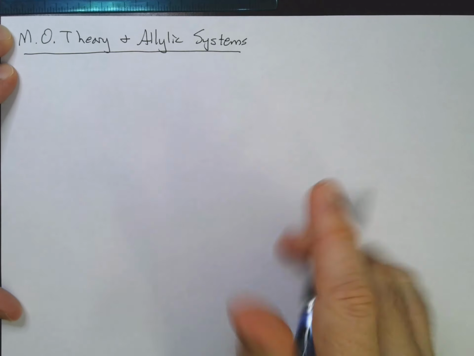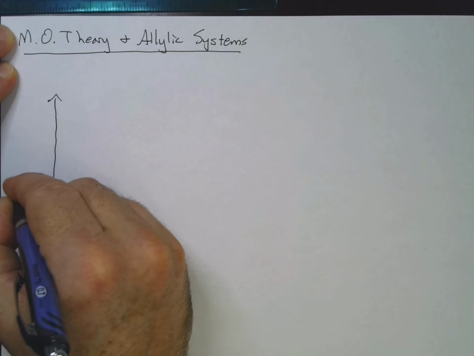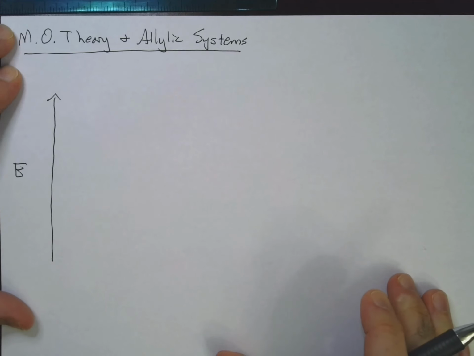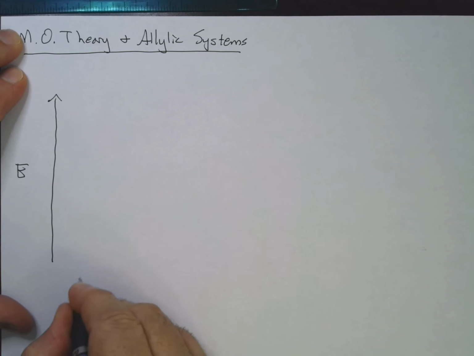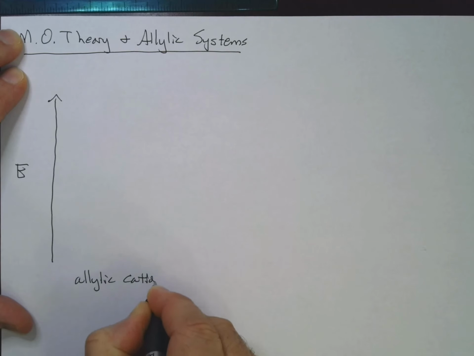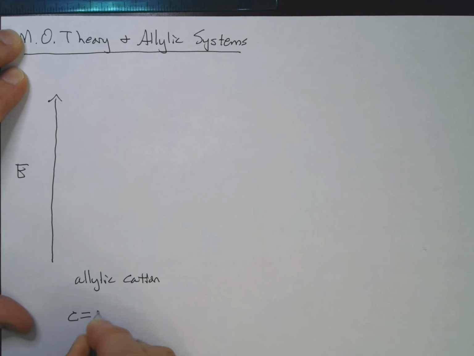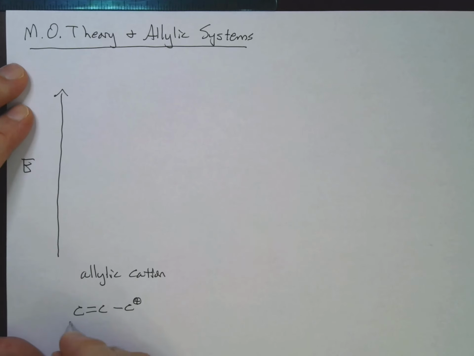Okay, so let's go ahead and put our energy here. And let's look at the allylic cation first. Okay, now I'm not showing my, I'll put in my hydrogens, why not?